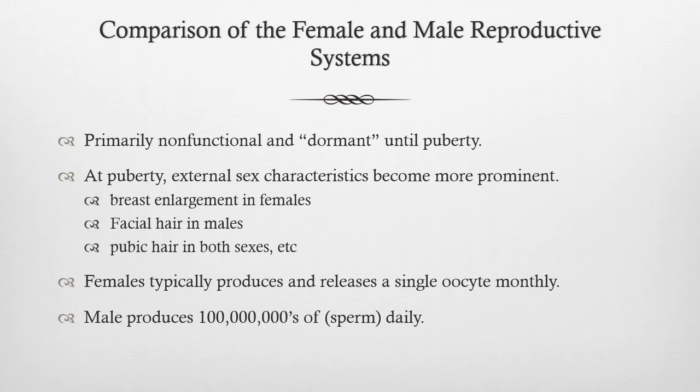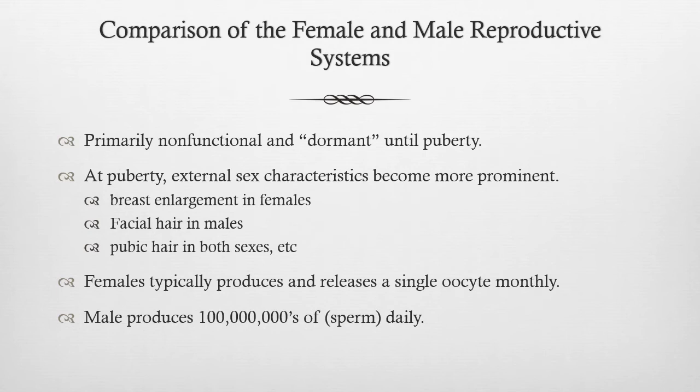When it comes to females, you're going to see the development of the mammary glands themselves. You're going to see in males the development of coarse terminal hair on the face, the arms, the legs turning into a terminal hair. In both sexes, you're going to see the presence of axillary hair and pubic hair as maturity starts to occur as well.